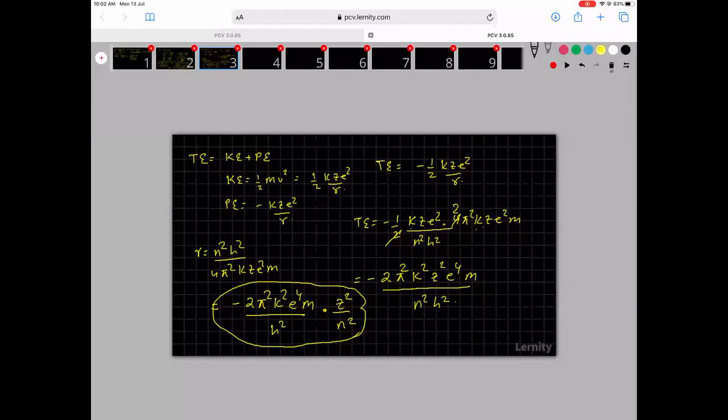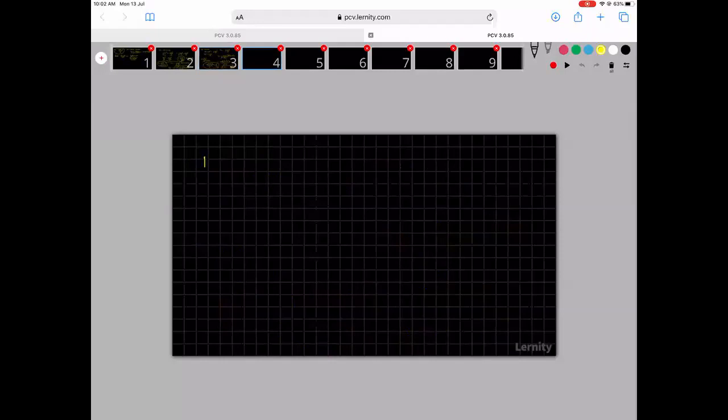Okay, we don't have to remember any of these things. Just remember that energy is proportional to minus z squared by n square. So if energy is proportional to minus z squared by n squared, you may make a note that energy is equal to minus 13.6 z squared by n squared.